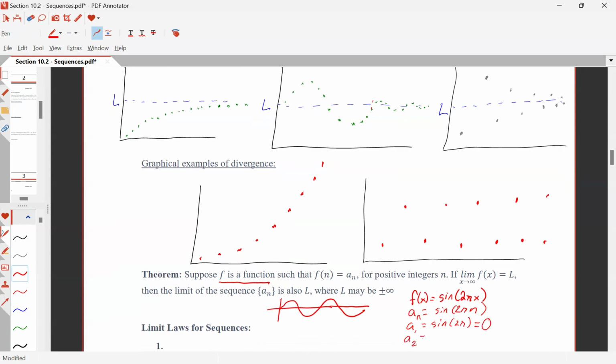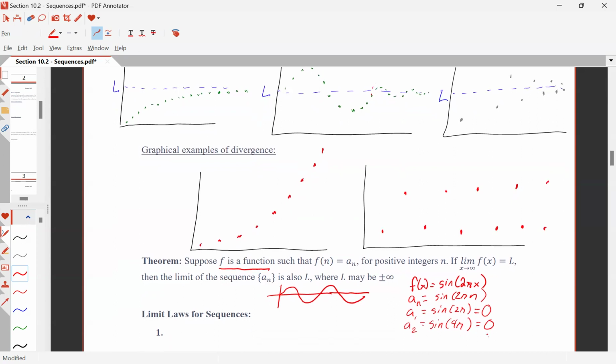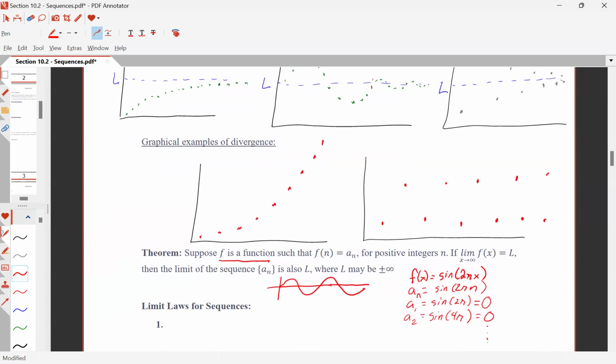A sub 2 is sine of 4 pi, which is 0. And because of this 2 pi, all of the sequence terms are 0. So the sequence limit exists while the function limit doesn't. So it doesn't go both ways.